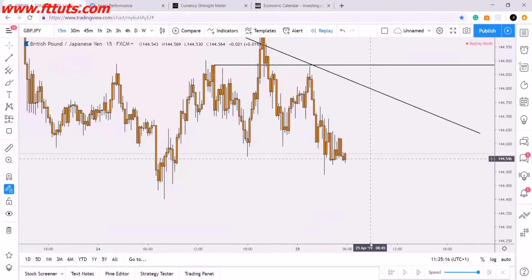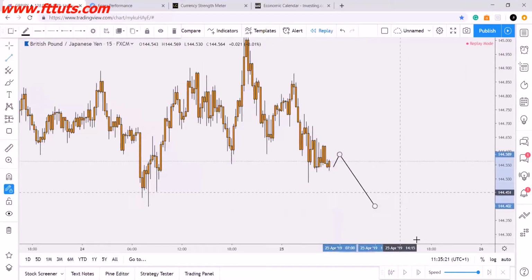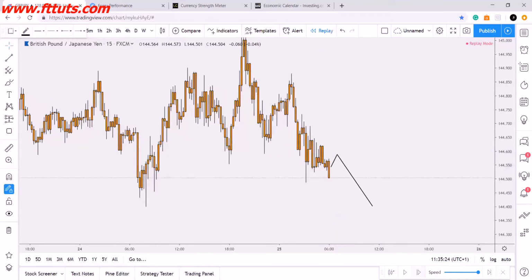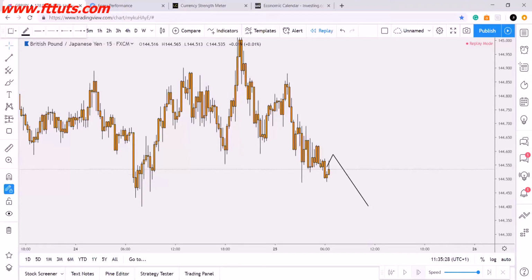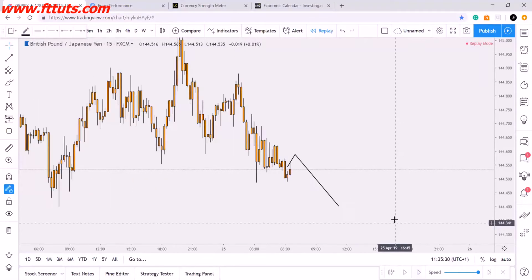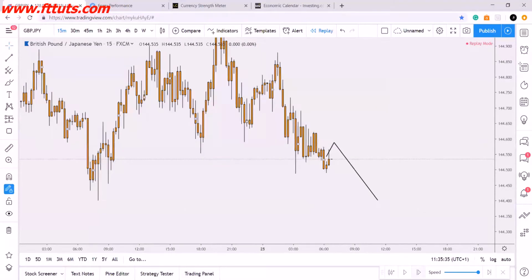Let's take a look and see if we can form something like this to happen. Oh, it's gone. No, not yet. If I have one candle to the downside, I think I could take this.